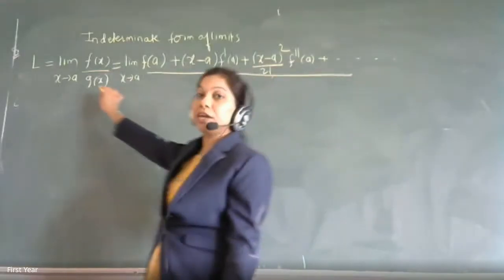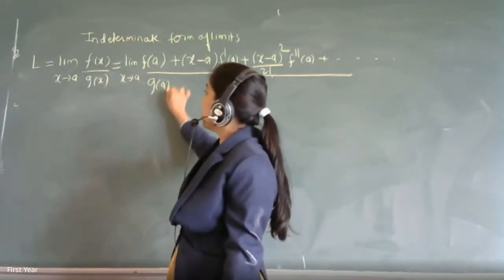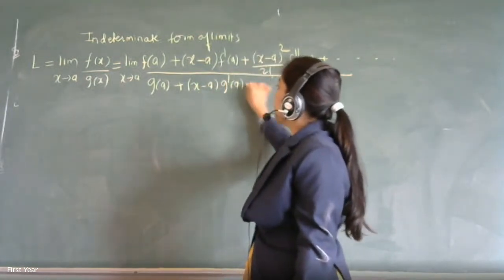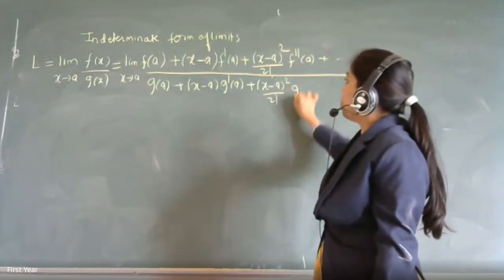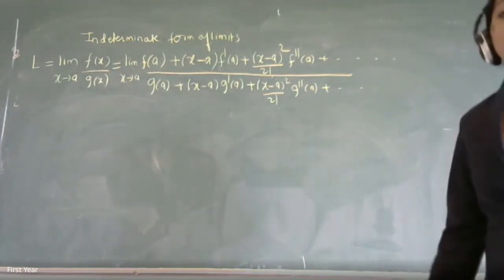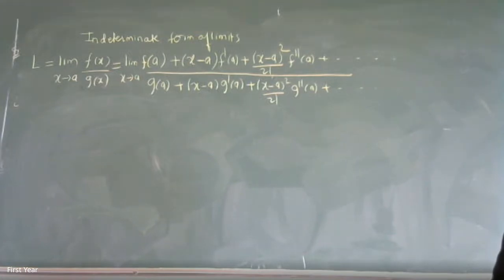Yes, ma'am. And similarly, the Taylor series formula for g of x is g of a plus x minus a g dash of a plus x minus a whole square by 2 factorial g double dash of a and so on. Is this okay? In the numerator I wrote the Taylor series expansion of f of x about a in powers of x minus a, and in the denominator that of g of x. Is it okay? Yes, ma'am.